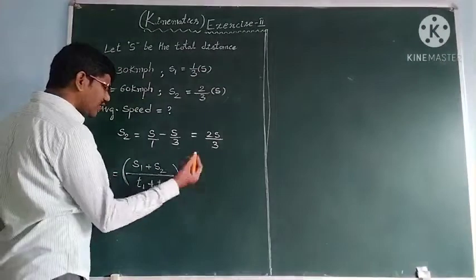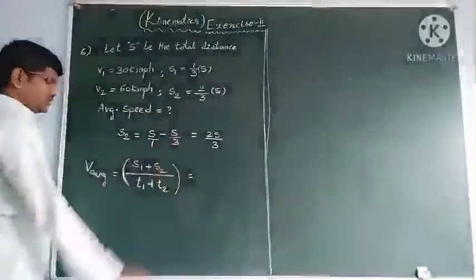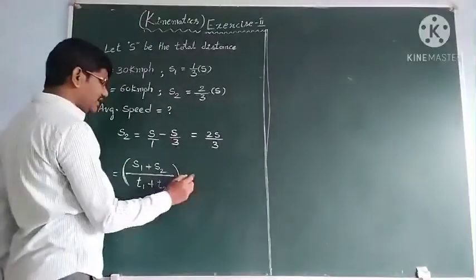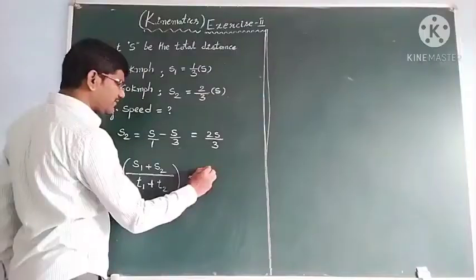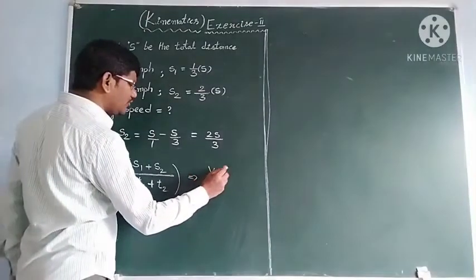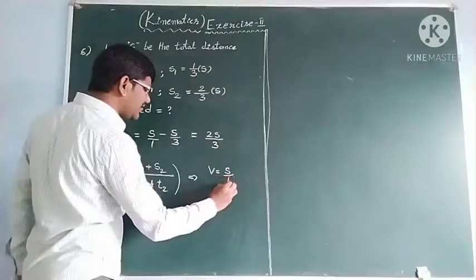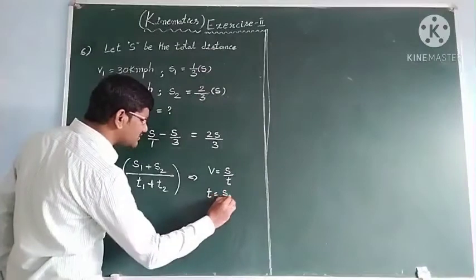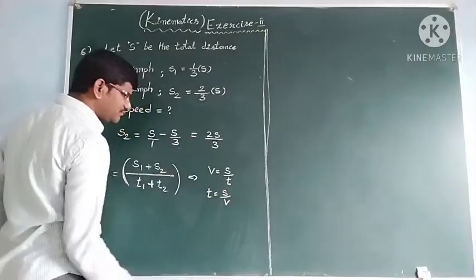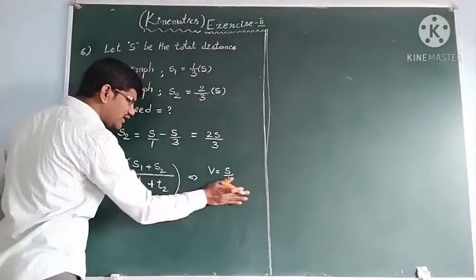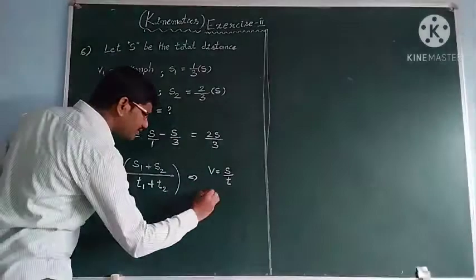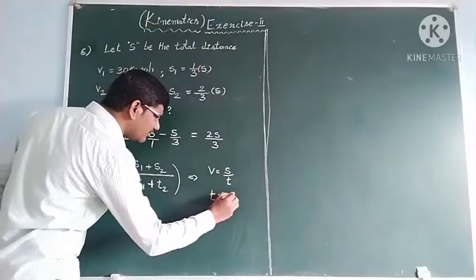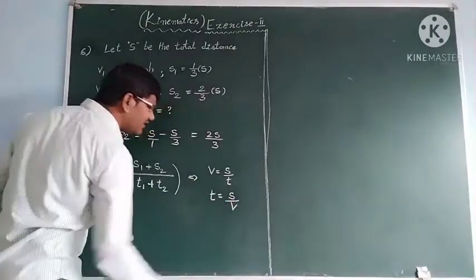Then we know that v is equal to s by t, so make t the subject: t is equal to s by v.